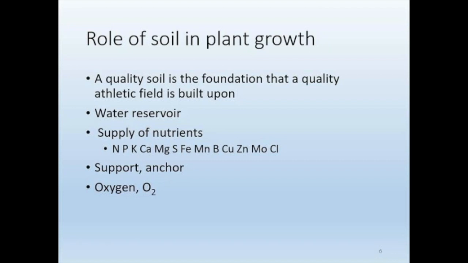Most of our nutrients come out of our soil organic matter. A few, like P and K, potassium, calcium and magnesium, might be contained in some of our soil minerals, but most of the others are going to come in via the organic matter. It provides anchor and support to our turfgrass. The pore space in the soil provides oxygen for our plant roots, which have to breathe. They don't photosynthesize. They need oxygen.